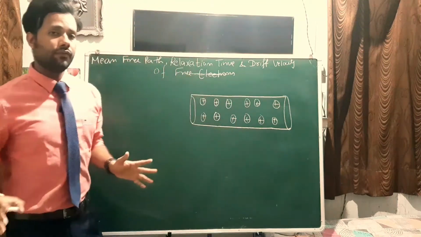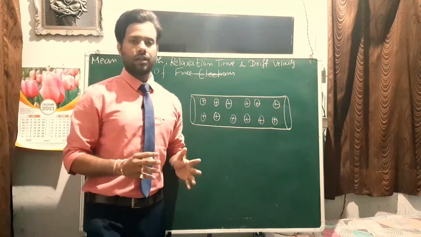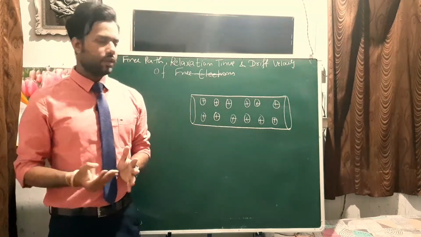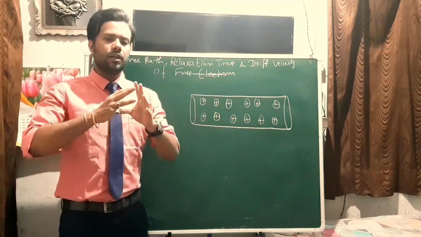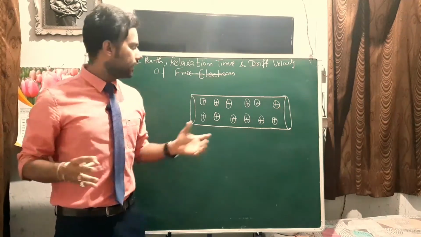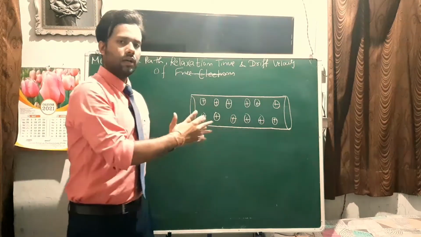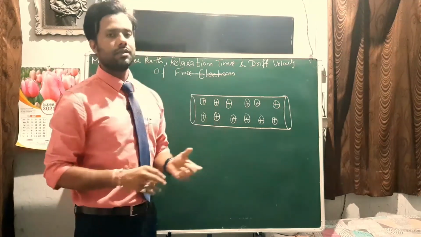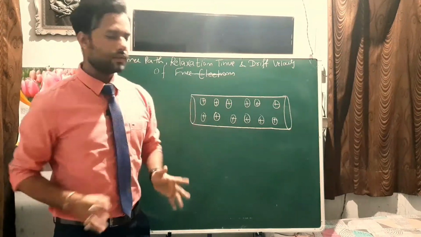I made them very far apart, but practically they are not so far from each other. I'm just doing this to make you understand, so that the diagram will be clear. That's why the distance between the atoms is larger. But again I'm saying, practically the distance is not that much; it is very small.